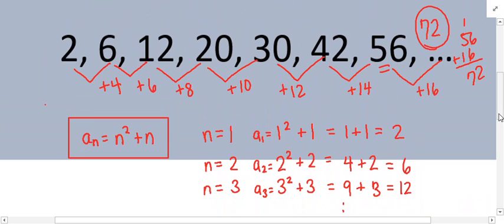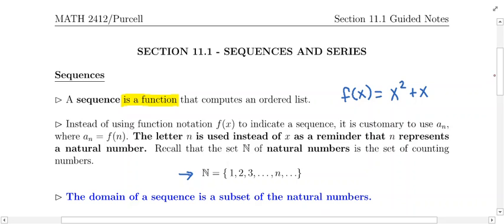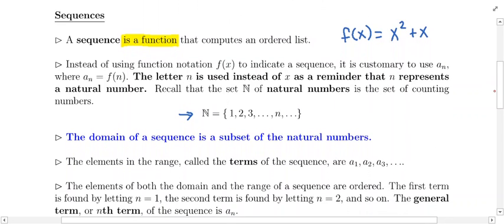There is a rule to follow. The function notation is a little different than what we're used to. We're going to be using this a_n. Our variable is going to be n instead of x, just to remind us that we can only plug in counting numbers. Okay, can't plug in decimals, for example. Okay, so that's a little bit about the notation you will see with sequences.